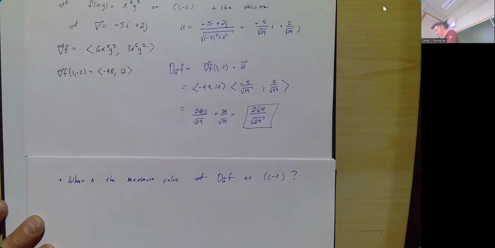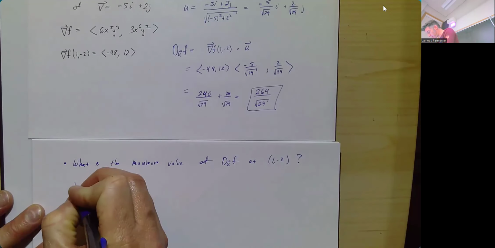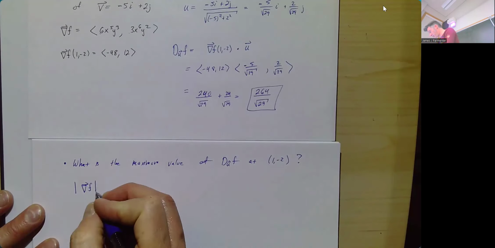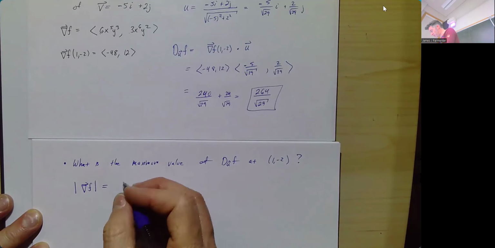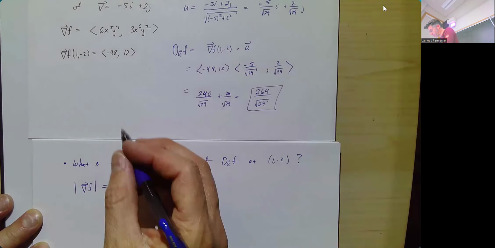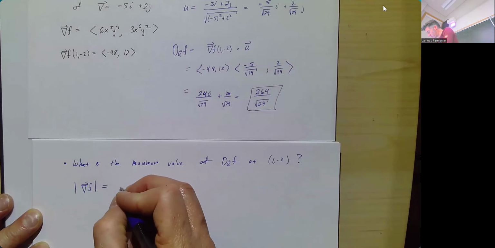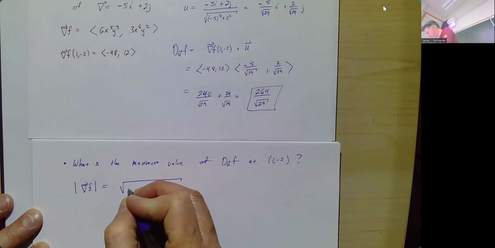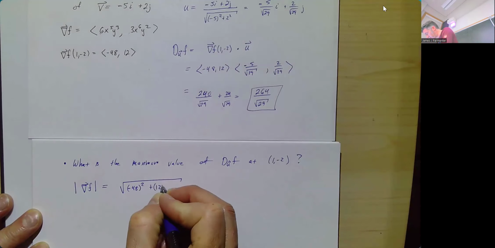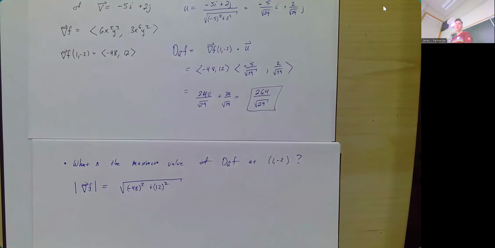So the answer here is the magnitude of the gradient at the point, which is going to be, let's see, no, it's going to be kind of gross. It's going to be the square root of -48 squared plus 12 squared. Which is, okay, not the nicest thing ever.